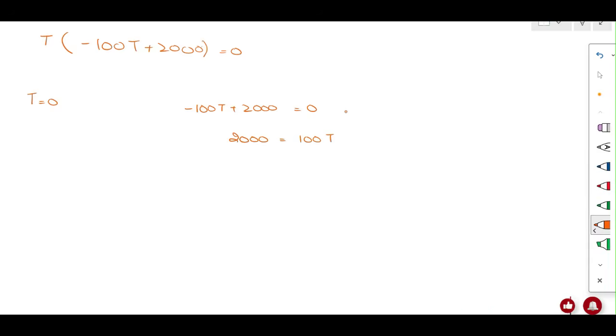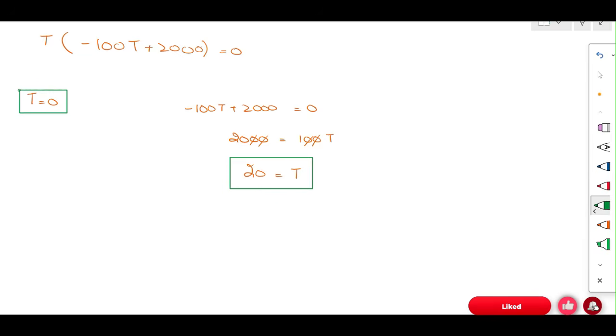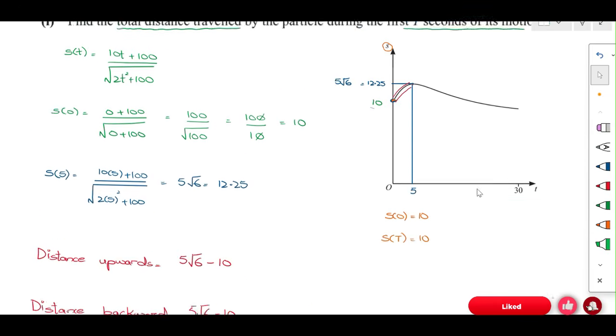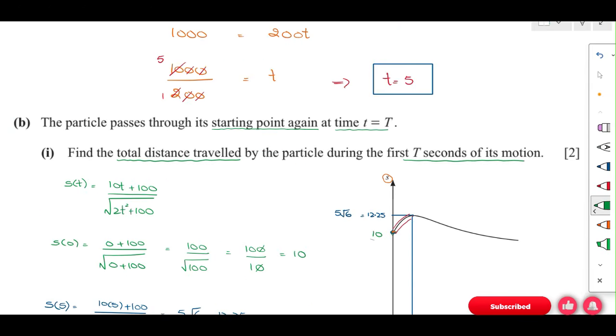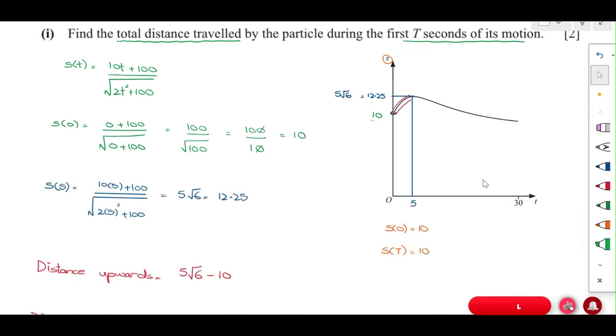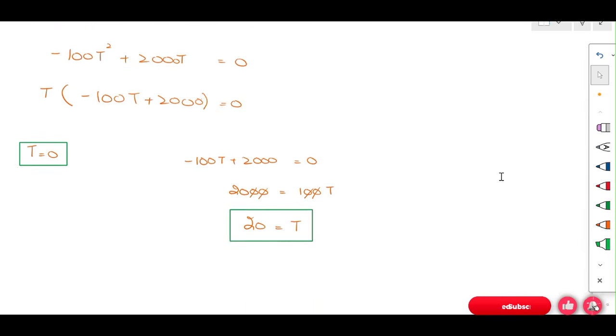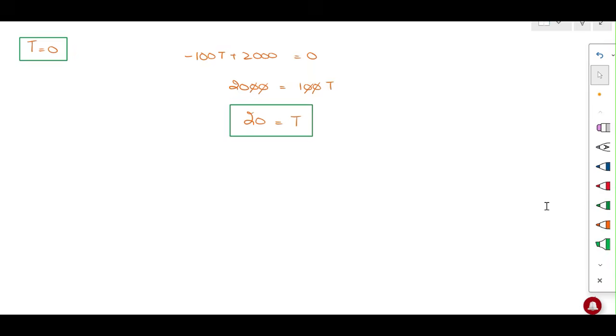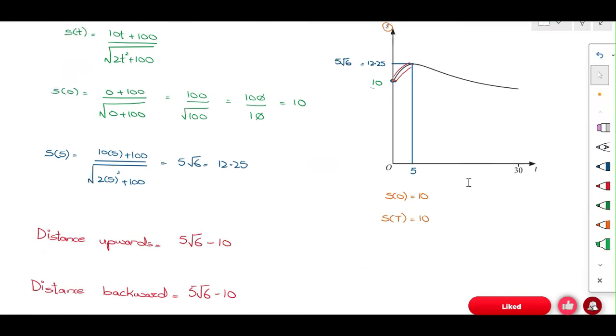By shifting this to the other side it becomes positive, cancel the zeros, and here 20 equals T. So here we can say capital T is 20 or capital T is 0. We have already done T equals 0, right? At T equals 0, the particle starts its journey. And at T equals 20, it reaches its starting point again, right?